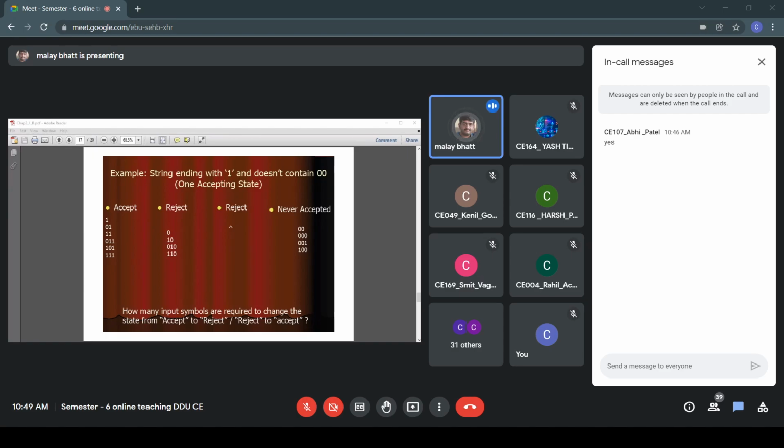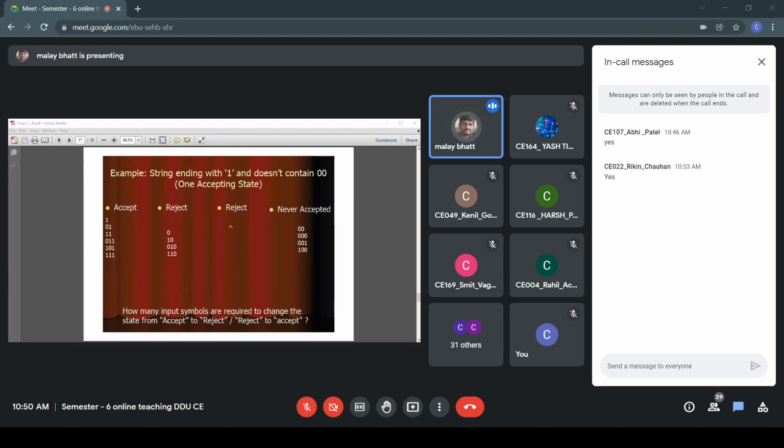And 0, 0 are not together, so we cannot have null with that state. Is this point clear? Why we cannot have null with this state? Another reject state. Yes? Is the point clear?